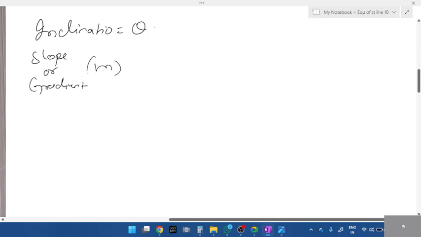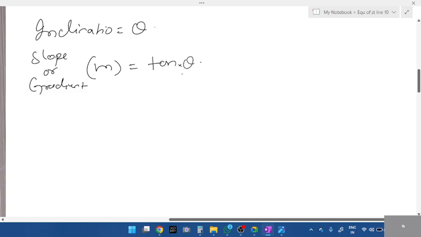First starts with inclination, that is theta, the angle. Next, what did we study? Slope, which is also known as gradient, or m. Whenever theta is given, what is the slope? The gradient formula is tan theta.